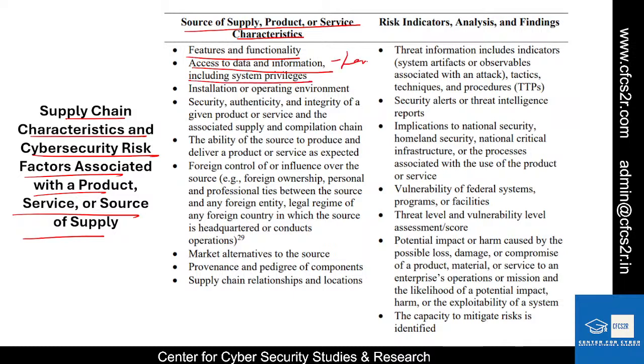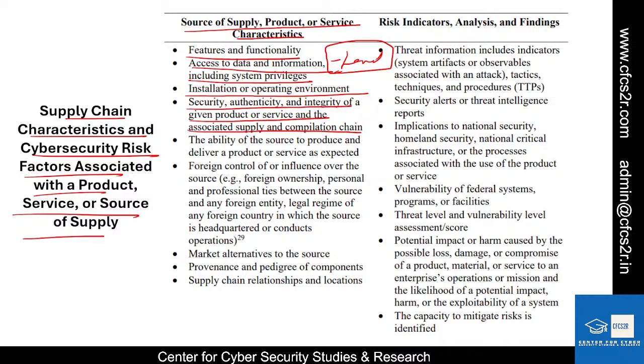So basically we are checking the levels of system privileges, and what level of data is being used. And we have to take care of the installations and operating environments. Apart from this, security, authenticity, and integrity of the given product or service, and the associated supply and compilation chain. So these things also need to be taken care of.